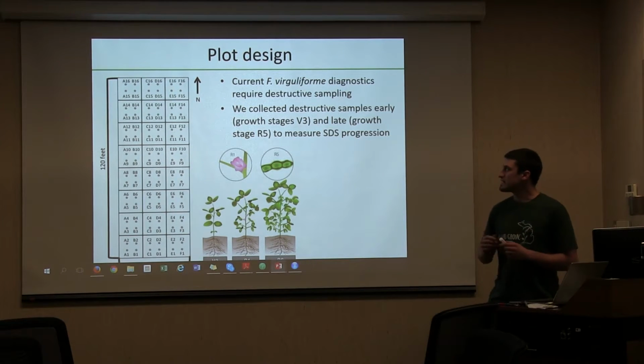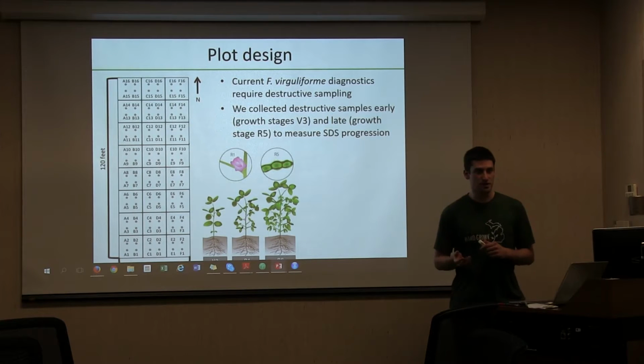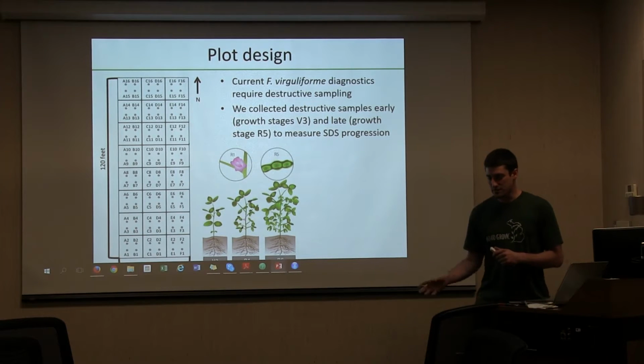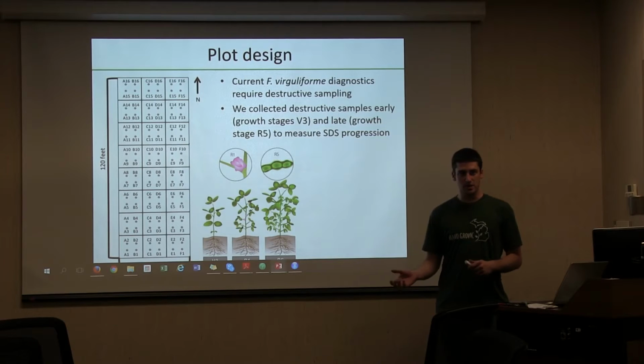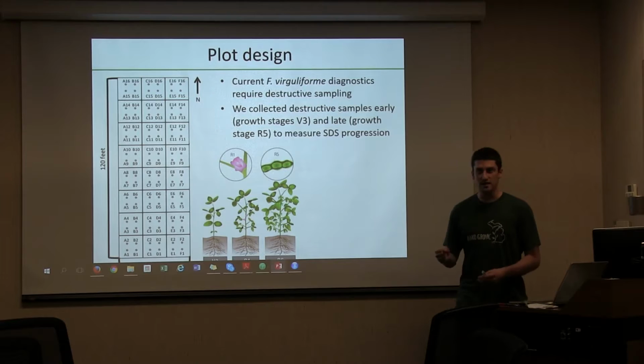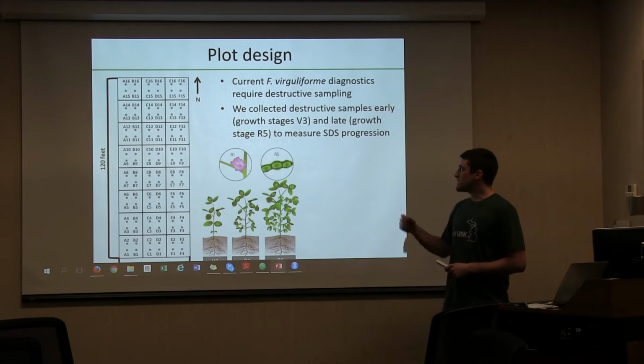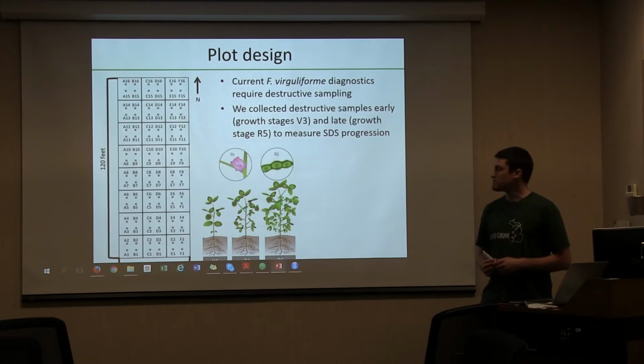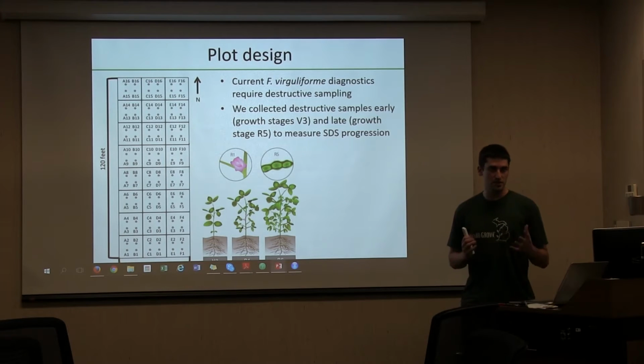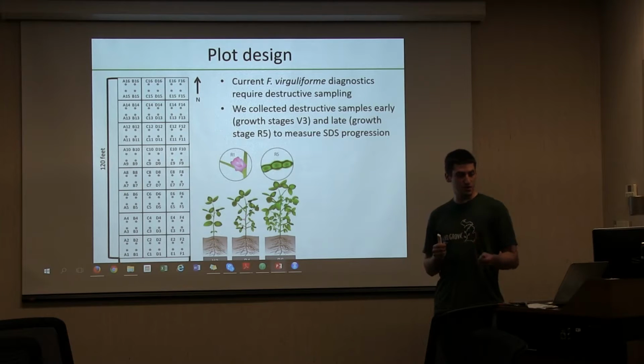Current diagnostics require destructive sampling. As I alluded to before, the first symptom, root rot, can really only be detected if you pull the plant out of the ground and look at the roots, and then either do an isolation or a qPCR assay to prove that the pathogen is there. So we did some of this destructive sampling, and at the same time, the PhotosynQ crew came out and measured photosynthesis levels at the same locations where I was taking destructive samples.